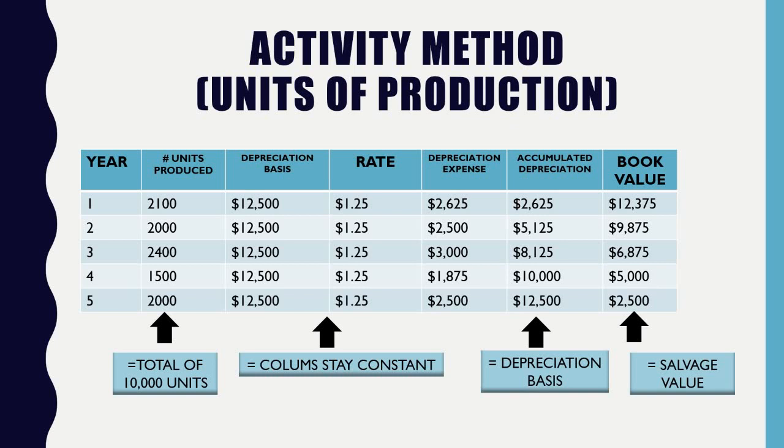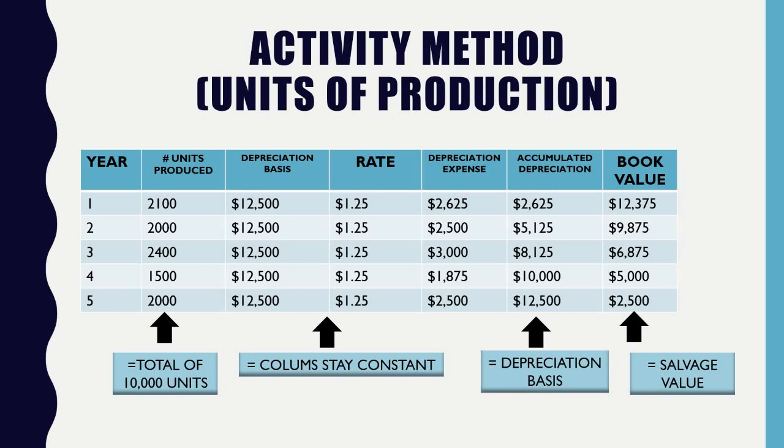Okay? And then what you're going to notice is your depreciation expense is actually going to be different because it's based on the number of units that you produced that year. So if what you produce that year varies, then your expense will change as well. Okay?